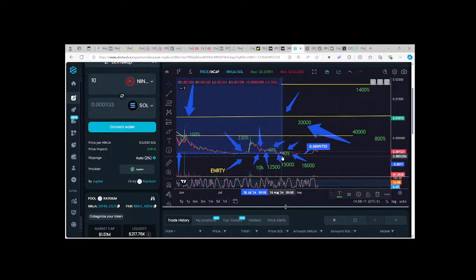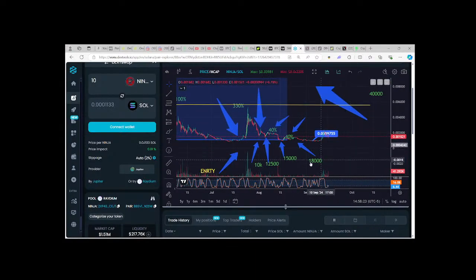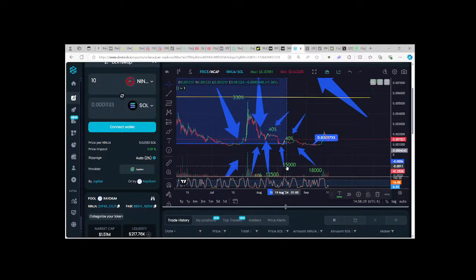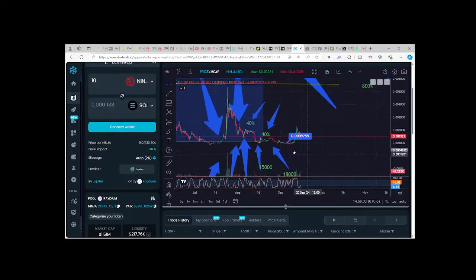And then there was another pullback, and this is where you want to put the profits that you made, and you continue to support the project but allow yourself to build your bag. This is where we were talking about putting 15,000 in. You can see there's a 40% gainer right there. Then we talked about taking those profits and waiting for the pullback, which happened here.